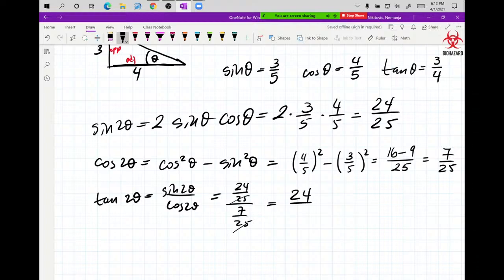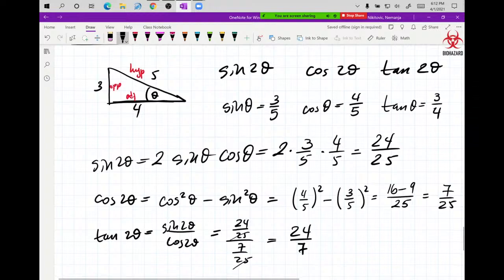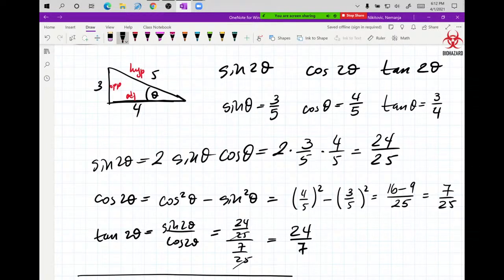You get your 24/7. And there they are. So now the whole question is on the screen. And as you can see, they're asking for the value of sine 2 theta or cosine 2 theta. And they gave you the triangle with numbers.